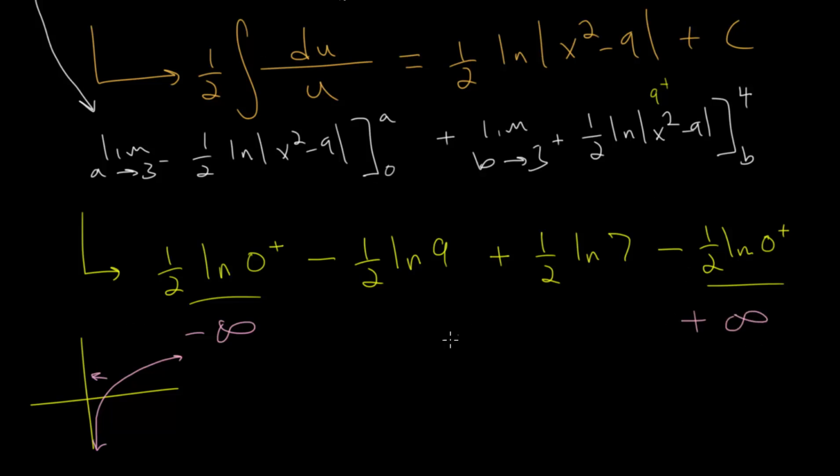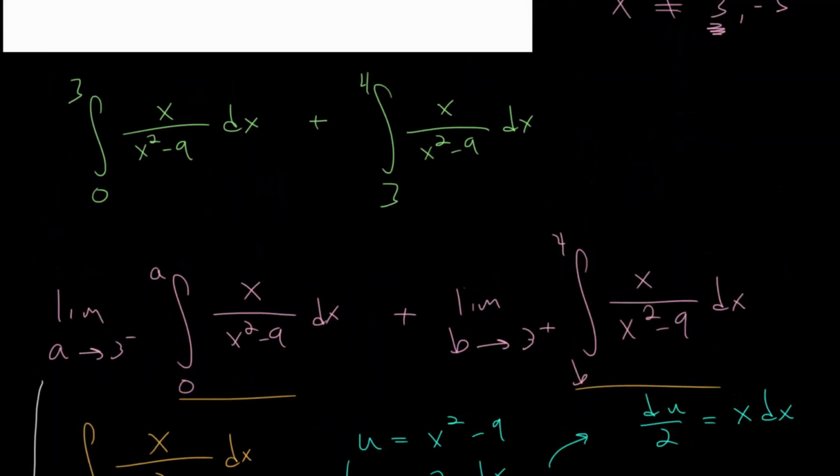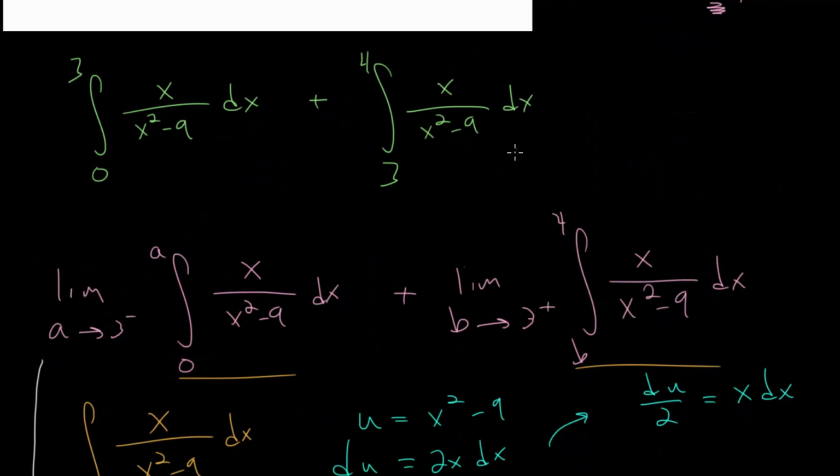But we need to be very careful here. We can't just say that negative infinity plus infinity will cancel each other out. We can't treat infinity like a number. It's more of a concept. So we need to go back and think about what we found. Essentially, this expression here, which came from our integral when we split it into these two parts, we're looking at this first part that had a negative infinity in it.